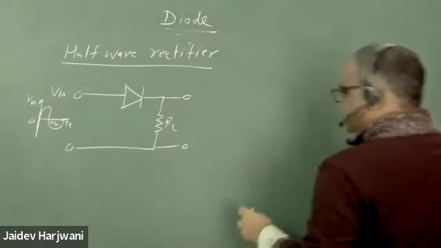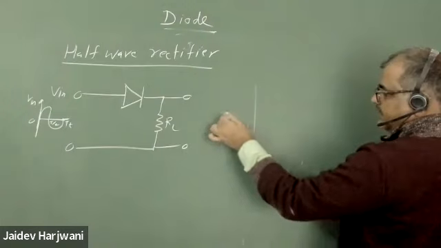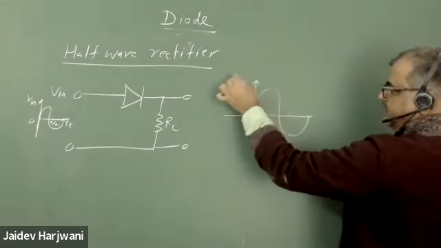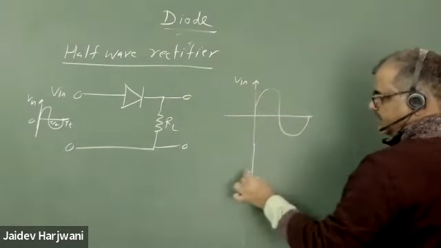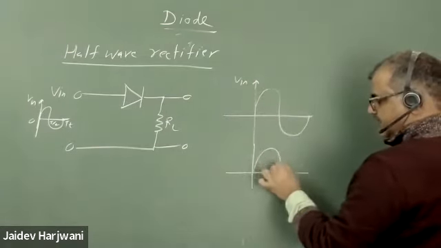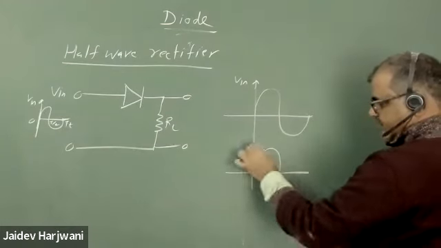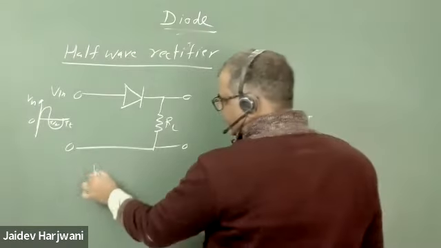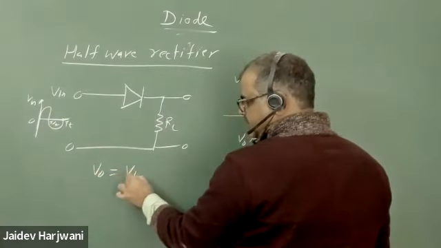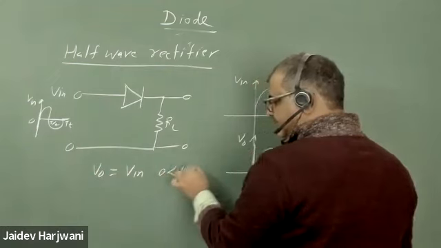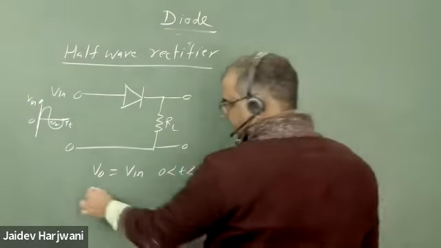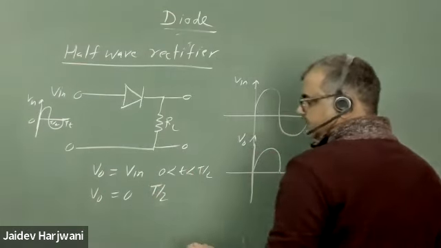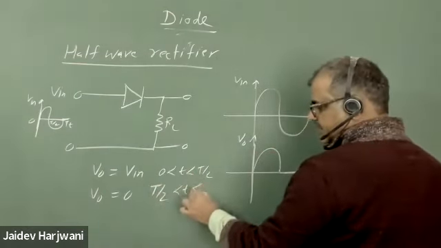We have already seen that when I apply the input, I get the output like this. I told you your V output is like V input for 0 to T by 2, and V0 is 0 whenever you have T by 2 to T.